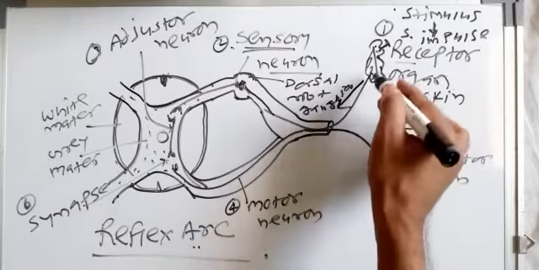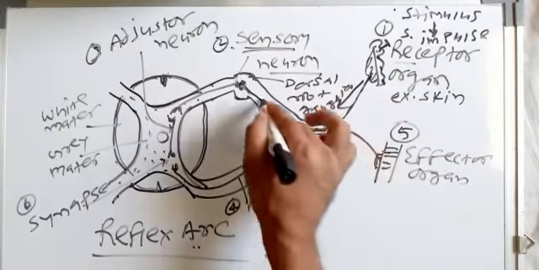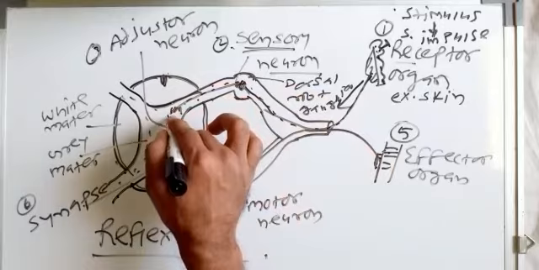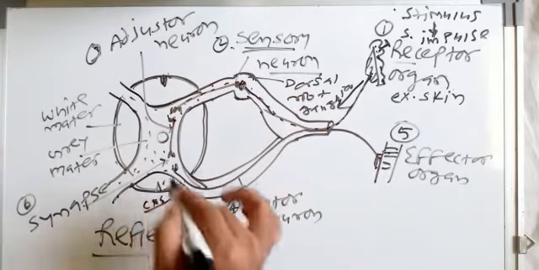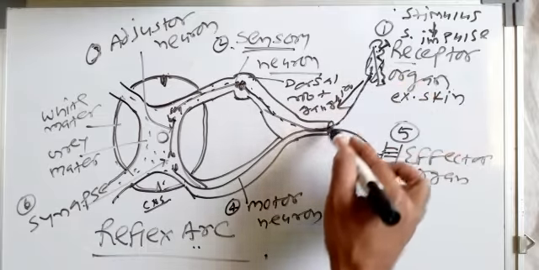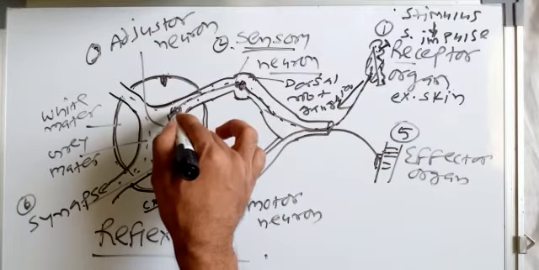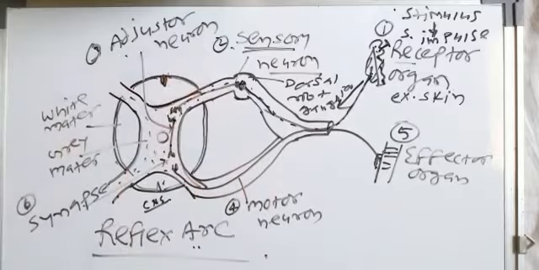It receives the sensory impulse from the receptor organ and transmits it to the adjuster neuron, or we can say the CNS. Spinal cord is a part of CNS. So it receives the sensory impulse from receptor organ and transmits it to the CNS, particularly to the adjuster neuron.